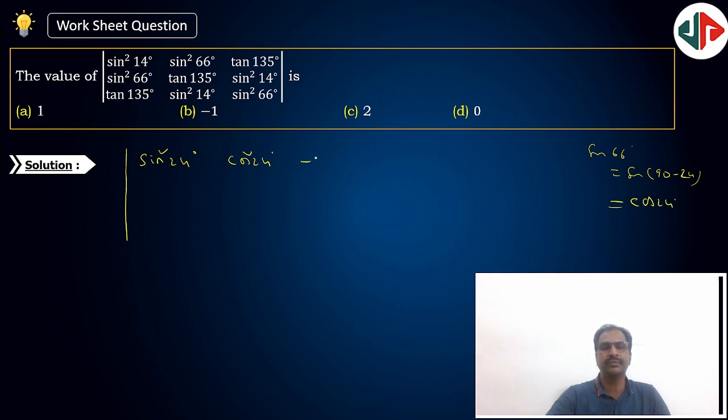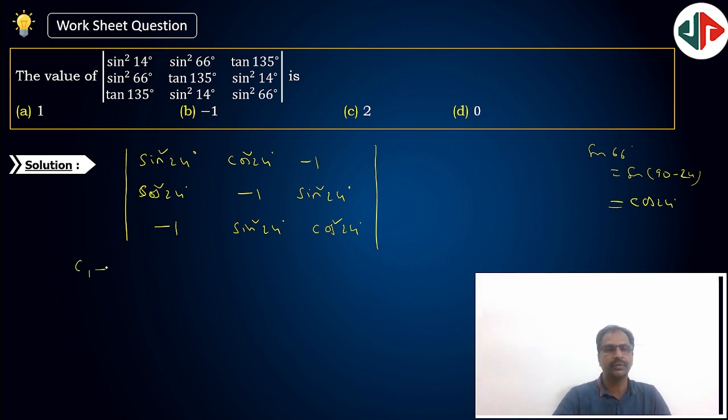Tan 135, if you find, you will get minus 1. Again sine square 66 is nothing but cos square 24. Tan 135 is minus 1. As I said, it is not 14, it is 24. So remember, this is not 14, it is 24.